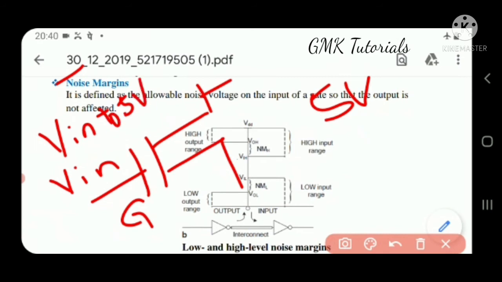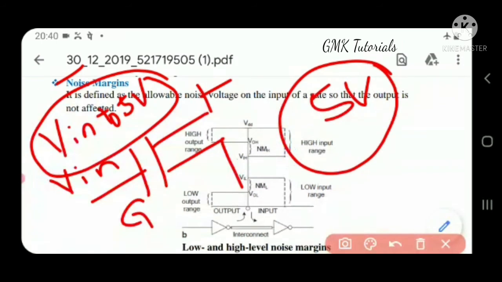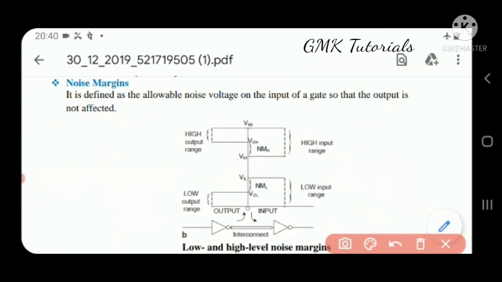This 0.5 volts does not affect the corresponding 5 volts output, so that is acceptable. If the added noise value affects the output of 5 volts, it is not accepted. That margin is called the noise margin.